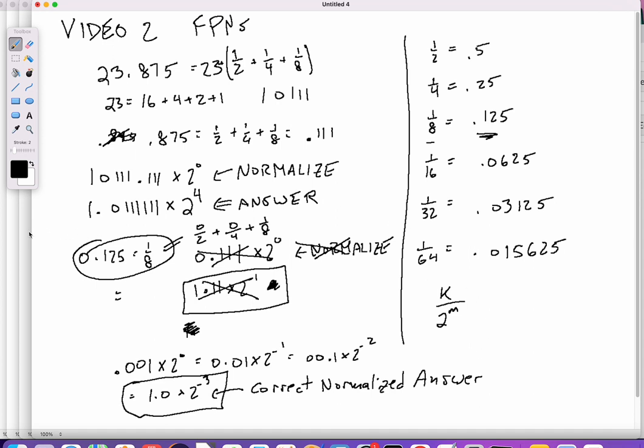Let's do the third one. The third one is 31.75. Again, we note that that's equal to 31 plus 1/2 plus 1/4. 31 is equal to 16 plus 8 is 24, plus 4 is 28, plus 2 is 30, plus 1 is 31.